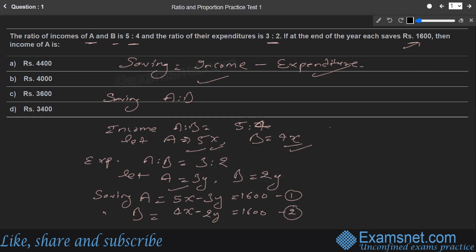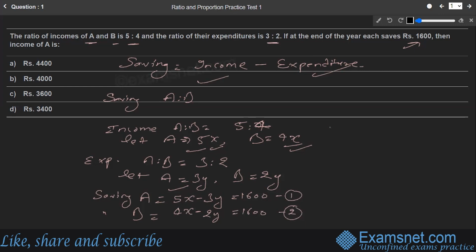Now we have to solve them to find x and y, and then we can find the income of A and B. We can use the simultaneous equation method. We need to eliminate at least one variable so that we can solve for the other.